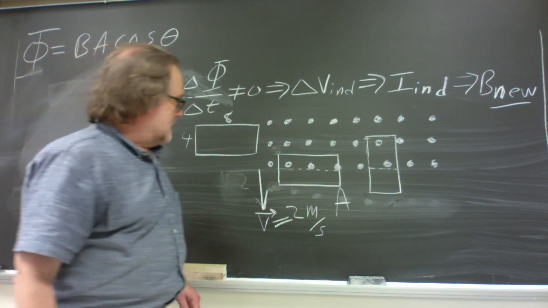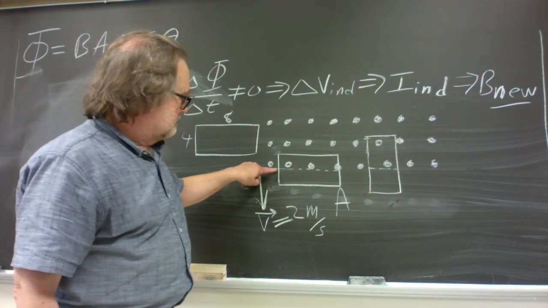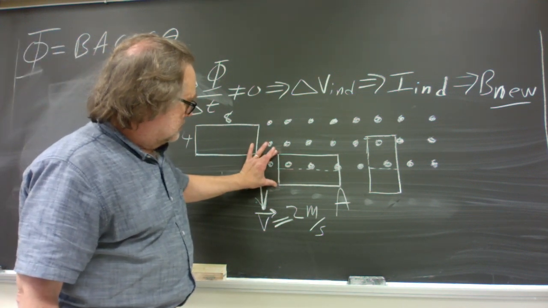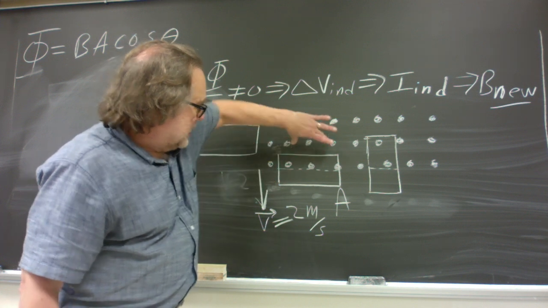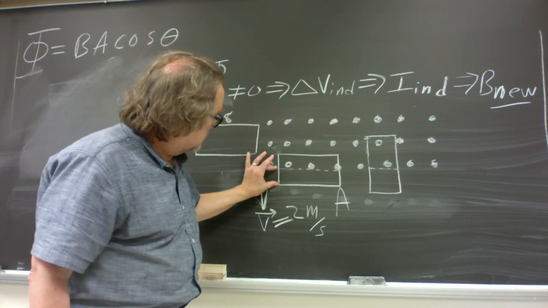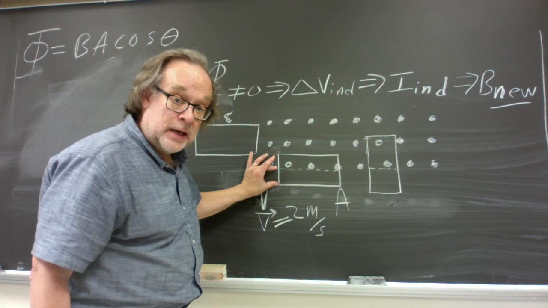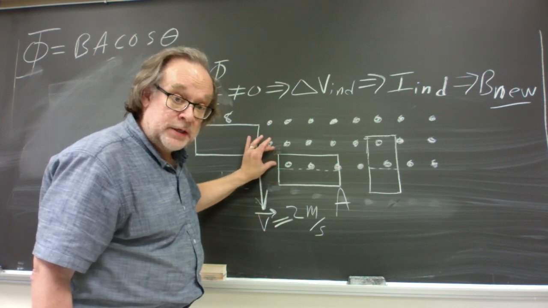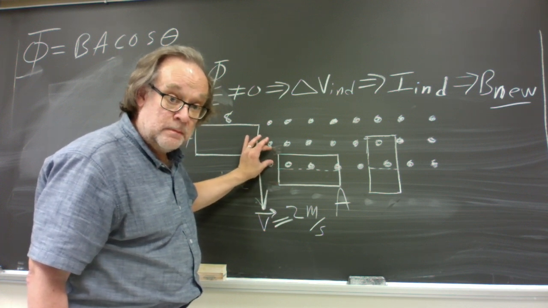So imagine that at this point it's 4 by 8, so there's 2 centimeters outside the loop, and then the top 2 centimeters are inside the loop.